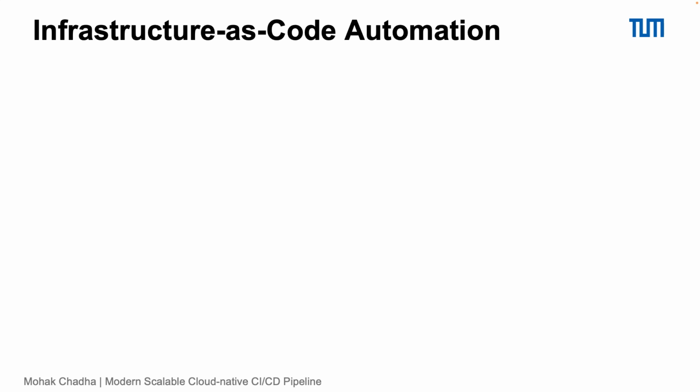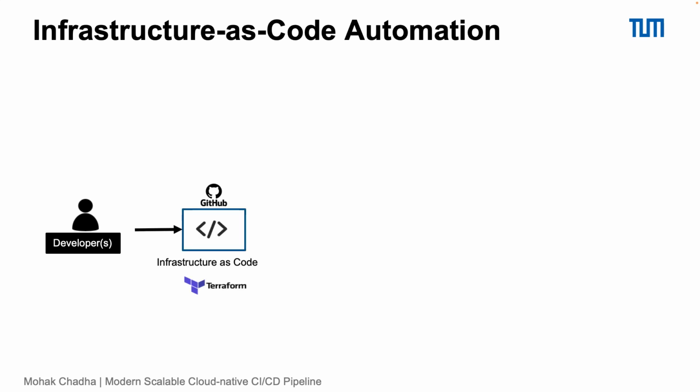So talking about infrastructure as code automation, the developer wants to make some changes to the infrastructure, which is also part of a Git repository. He does some changes and commits that code.